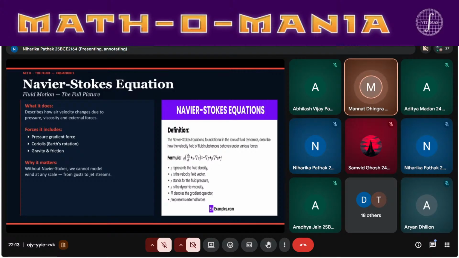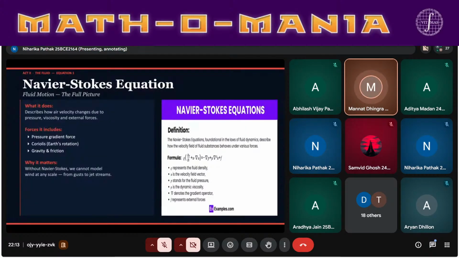So in the Navier-Stokes equation, again we come back to Newton. Here we use the Newtonian laws of fluid dynamics. As for the definition, the Navier-Stokes equation is foundational in the laws of fluid dynamics and describes how the velocity field of fluid substances behaves under various forces.